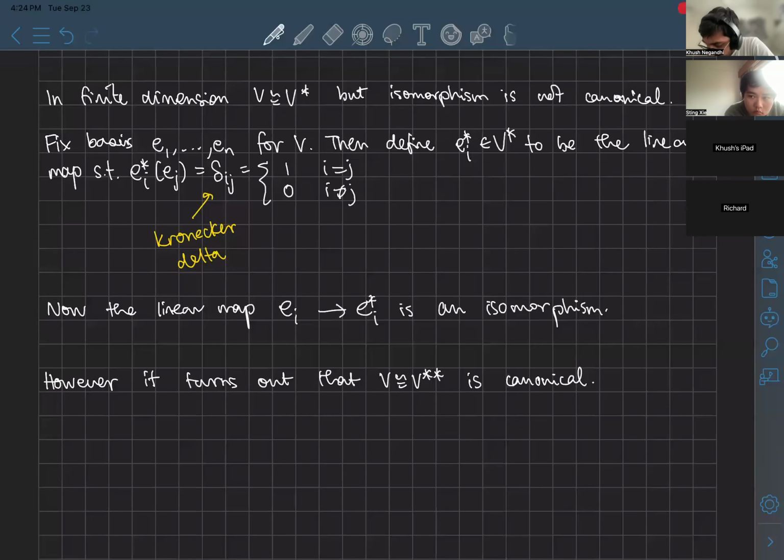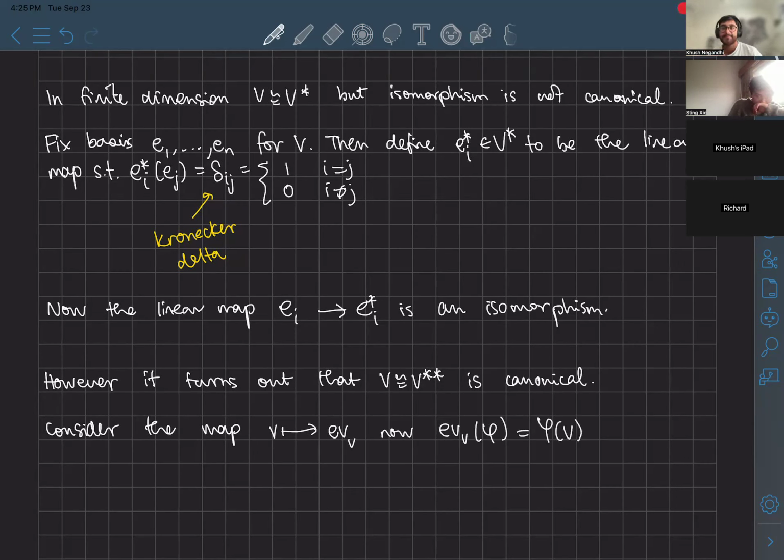To see this, consider the following map that takes V to the map EV at V. What EV at V is, on some linear functional phi, is just defined to be phi of V.